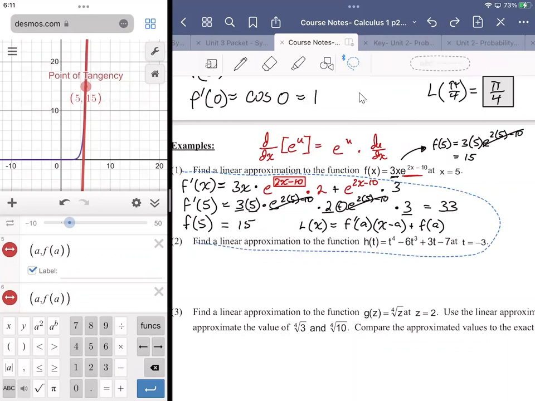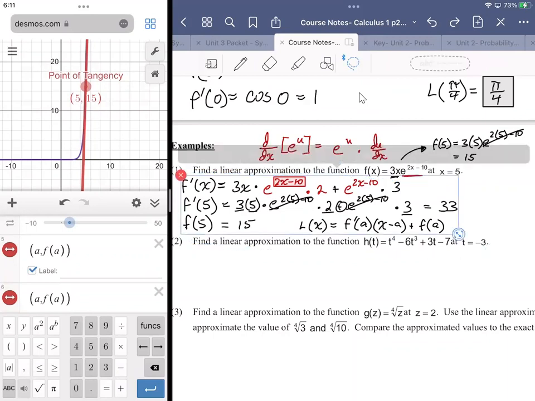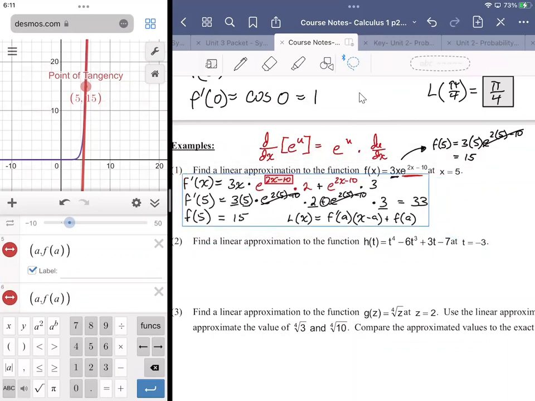Anybody was wondering what the heck I was doing there. So L of x would be equal to 33 times x minus 5 plus 15. All right, so that would be my linear approximation model.